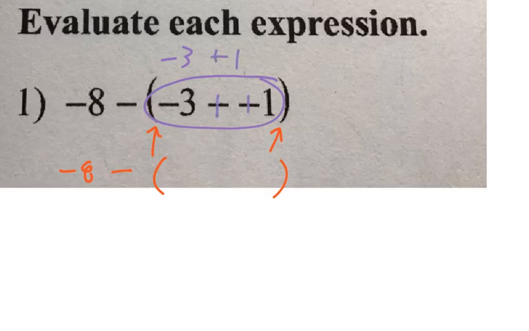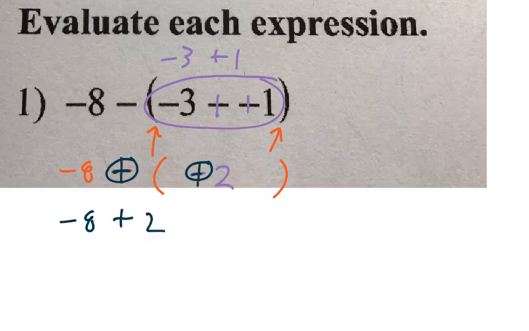So what's -3 plus 1? -2. Now notice what I have here, guys, is a -8 minus a -2. Well, again, doesn't a minus with a negative make a plus? So I have -8 plus 2. Which, of course, is -6.